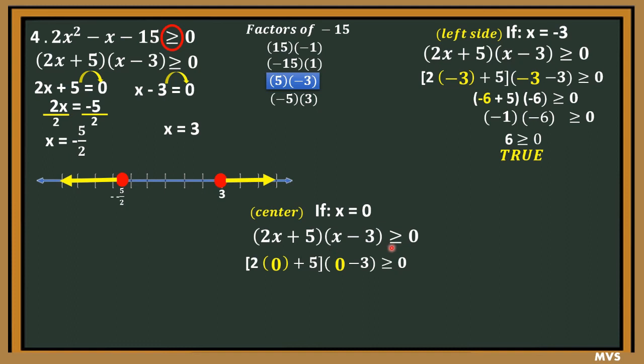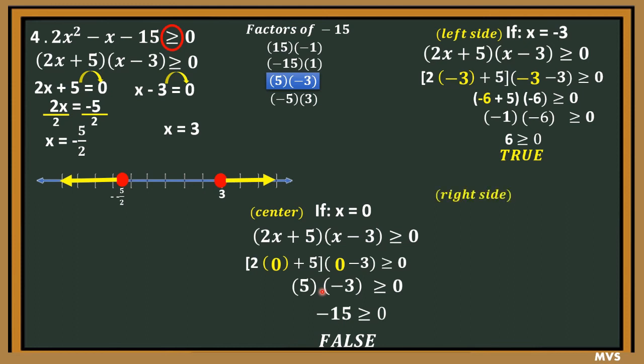And then let us simplify it. 2 times 0 plus 5, that is 5. Then 0 minus 3, that is negative 3, greater than or equal to 0. And then multiply, that is negative 15, greater than or equal to 0. Is negative 15 greater than or equal to 0? No, that is false. It means that center region is not included in the solution set.